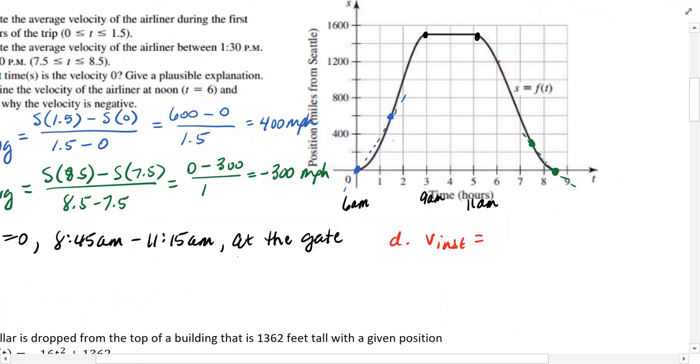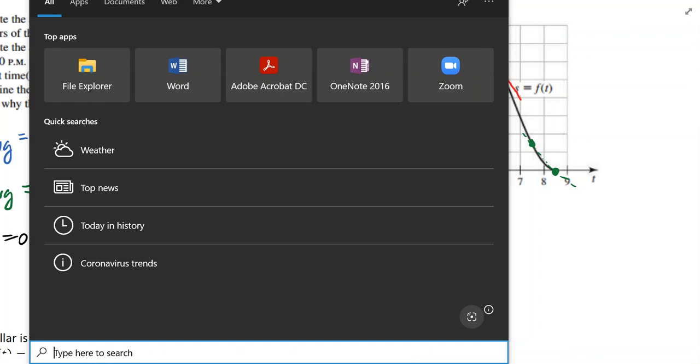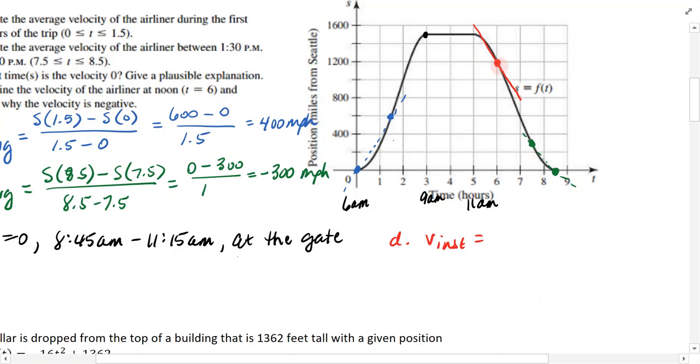So if we come over here to our graph and we locate 6 on our position function, we want to know what is the velocity at a particular point in time, which is related to our tangent line. So I'm going to draw a line here, and that's roughly tangent at the point. And it's kind of tangent. We're going to make it work because it makes our slope a little bit easier.